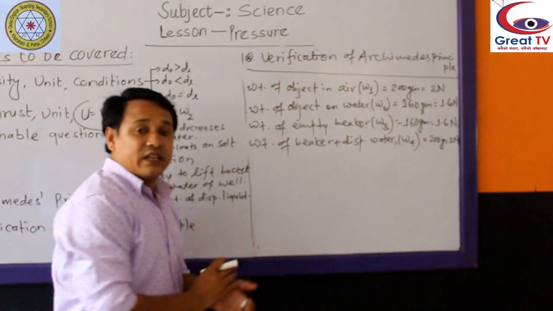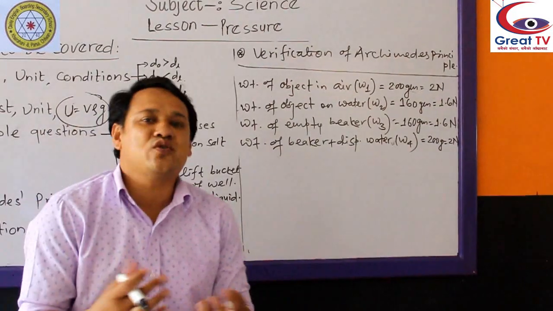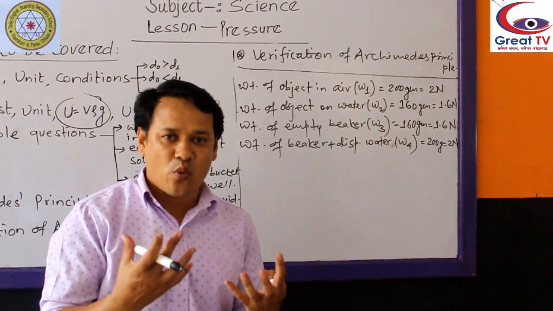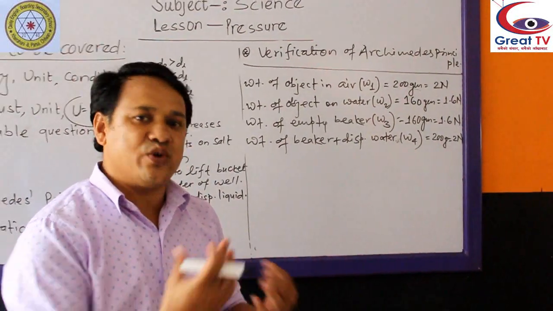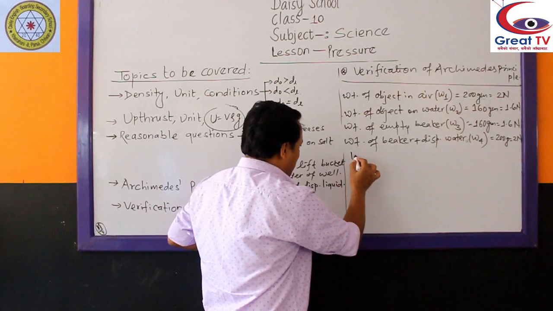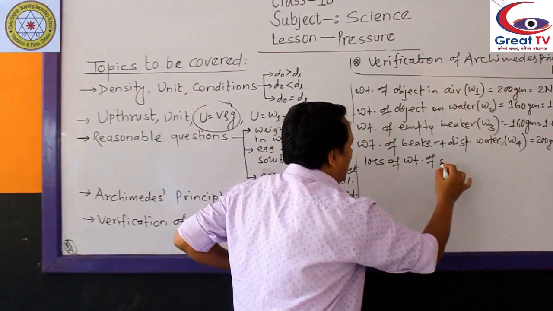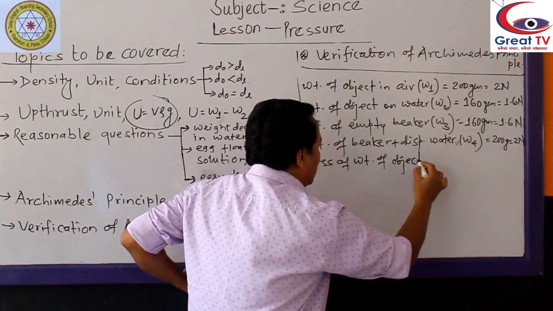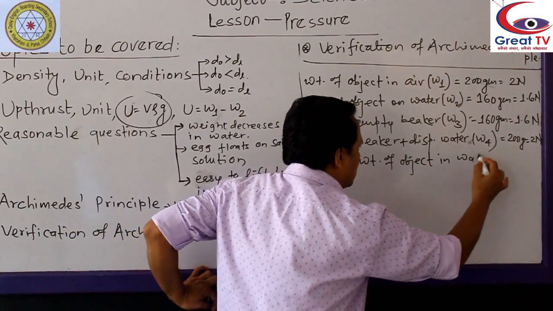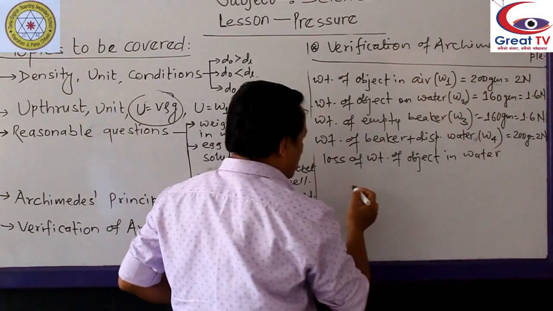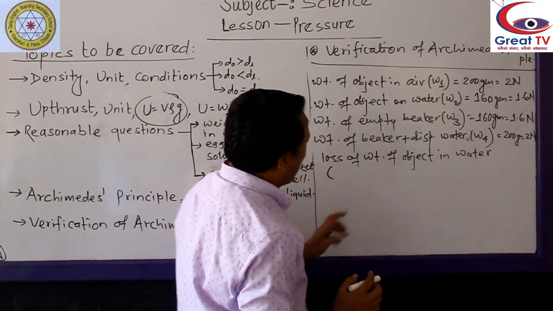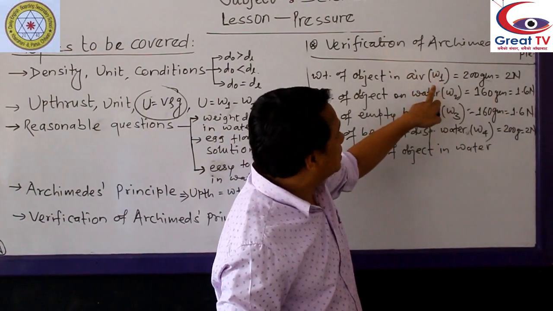Then how much weight of that solid object is reduced in water? Loss of weight of the object in water, how can you calculate it?